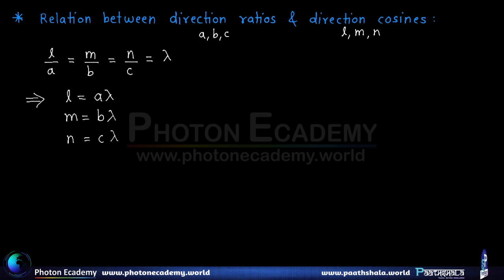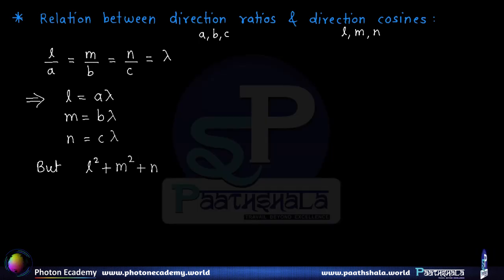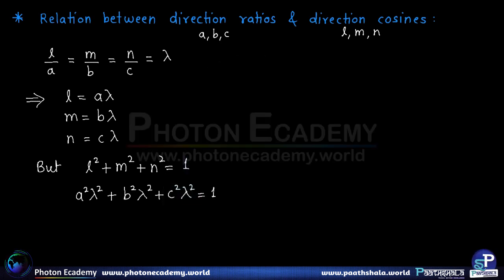Now we have already proven that L square plus M square plus N square is equal to 1. So by substituting the values of L, M and N from above, we get A square lambda square plus B square lambda square plus C square lambda square is equal to 1, and hence taking lambda square common, lambda square times (A square plus B square plus C square) is equal to 1.